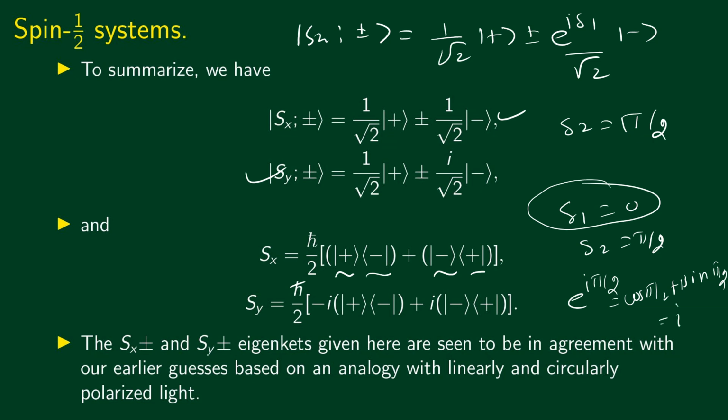So we see that the Sx plus minus and Sy plus minus eigenkets given here are in agreement with our earlier guesses based on an analogy with the linearly and circularly polarized light. In the beginning, we analyzed the results of the Stern-Gerlach experiment, and by looking at the analogy with polarization of light, we had guessed how to represent these states.